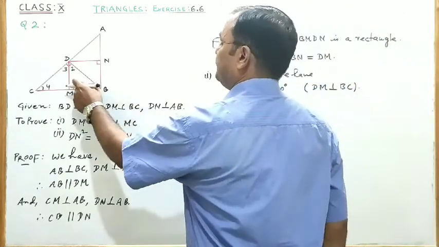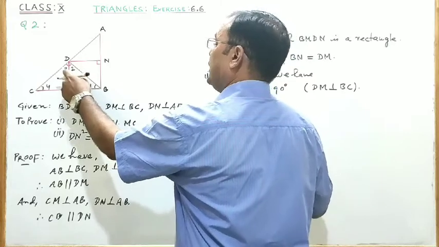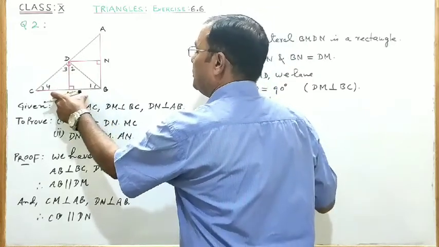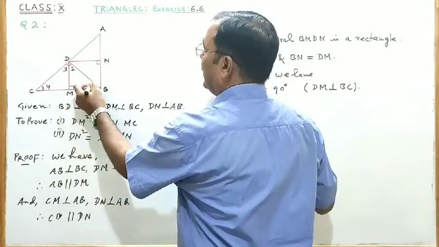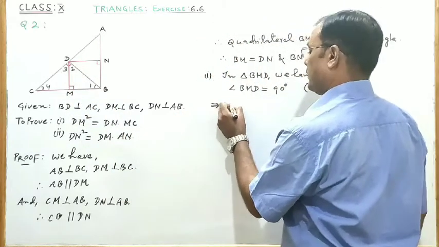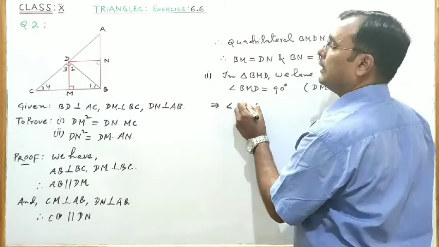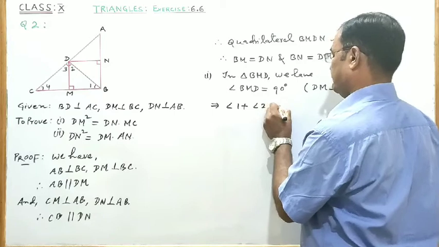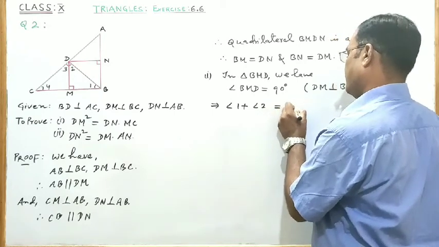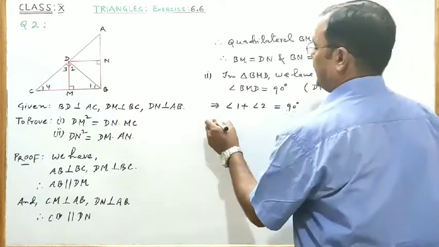This angle BMD is 90 degree because DM is perpendicular to BC. Therefore, angle 1 plus angle 2 will be 90 degree, from angle sum property.